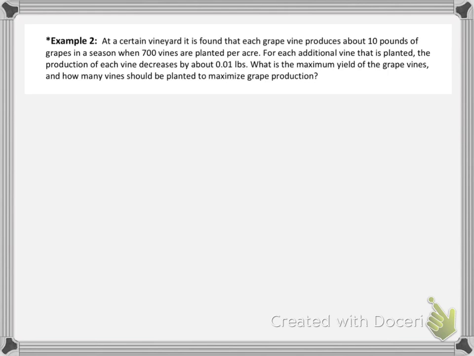So this problem, I want to relate back a little bit to one of the problems that we were doing last week because we're going to be doing similar ones, and this is another way to do them that might be a little bit simpler. Like we were talking last week about that whole thing where you can sell 50 something or other at $10 each, and we were coming up with these revenue functions.